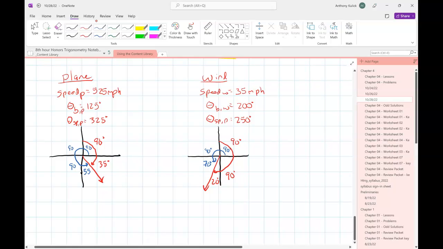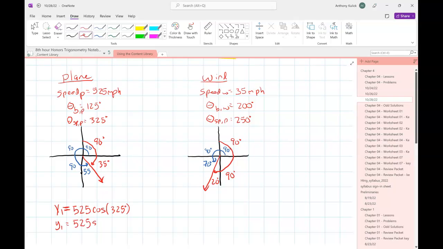Notice I'm not even going to bother drawing the big complicated picture because I don't need it. All I needed the big complicated picture for was so that I could justify that the xy that I'm looking for is going to be x1 plus x2, y1 plus y2. How am I going to calculate x1? 525 cosine 325. How am I going to calculate y1? 525 sine 325. Well, let's call that XP and YP, right?